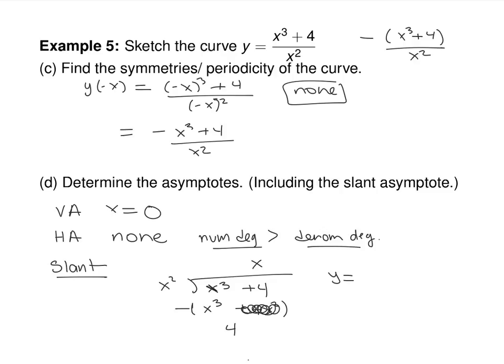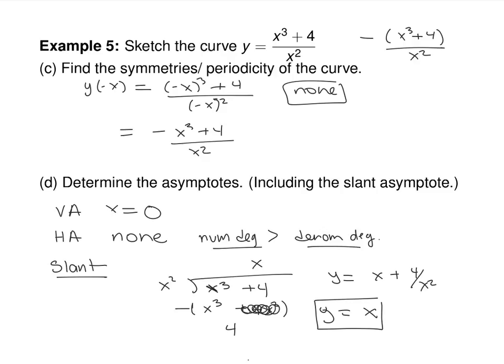So y is x plus 4 over x squared. Did I have to use long division for that? No, I didn't. What could I have done instead? I could have said x cubed over x squared, plus 4 over x squared. Okay, so what is the slant asymptote? y equals x, just plain old x. Because the 4 over x squared, as x gets large, goes to 0.